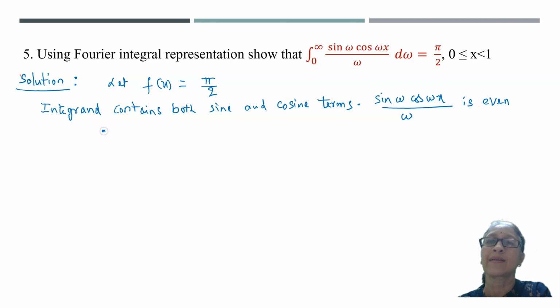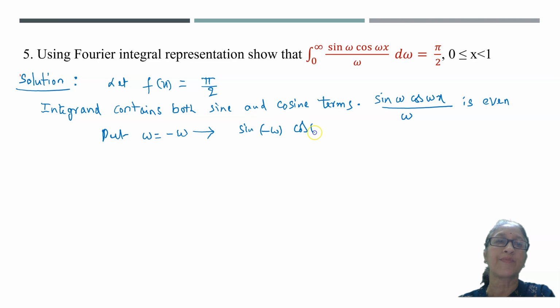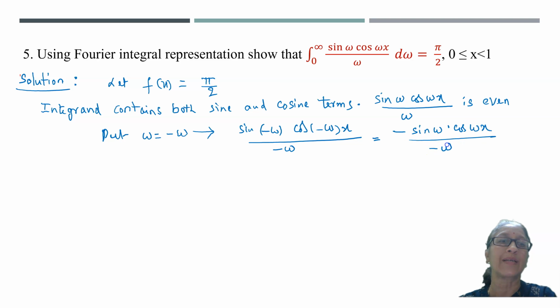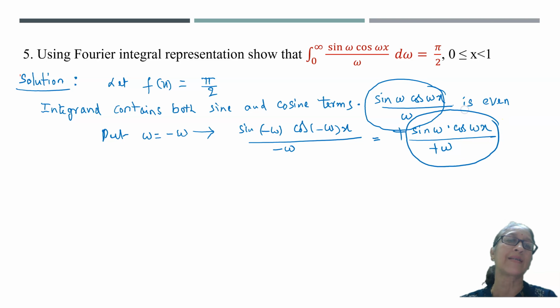Since if you put omega equal to minus omega, then what do you get? Sine minus omega into cos of minus omega x upon minus omega, which is equal to sine omega minus omega is minus sine omega into cos omega x upon minus omega. So here this is nothing but this given expression. This one and this one are same. So this is even function.